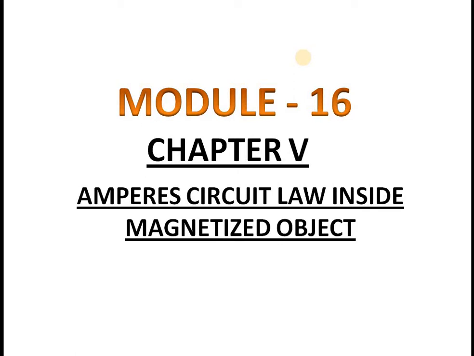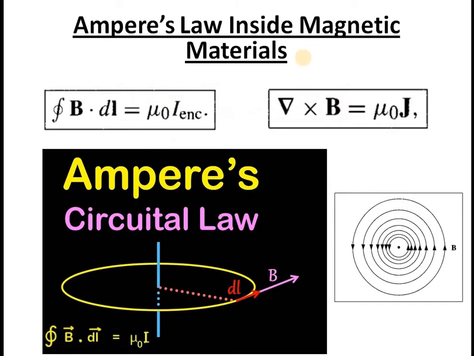What will happen to such an object? How is Ampere's circuital law applicable for such a magnetized object? How will these bound currents be accounted for? That is our point of discussion today. In the initial Ampere's circuital law, we have the line integral of B dot dl equal to mu 0 times I enclosed.